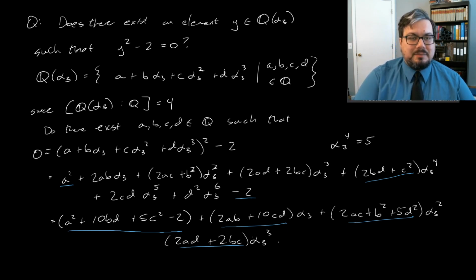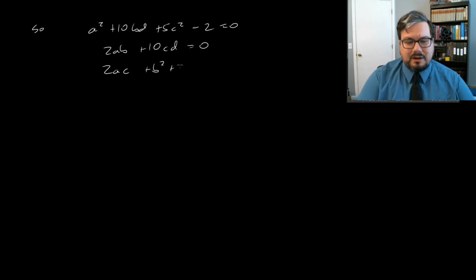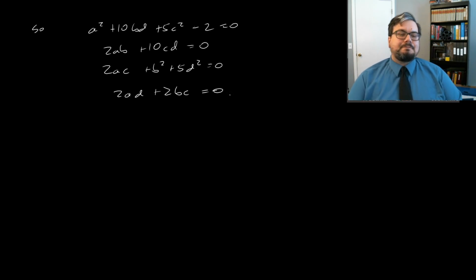So we must have that a squared plus 10bd plus 5c squared minus 2 equals 0, 2ab plus 10cd equals 0, 2ac plus b squared plus 5d squared equals 0, and 2ad plus 2bc equals 0.